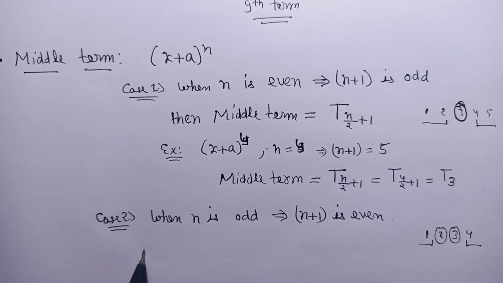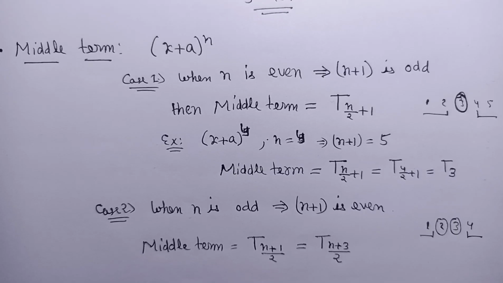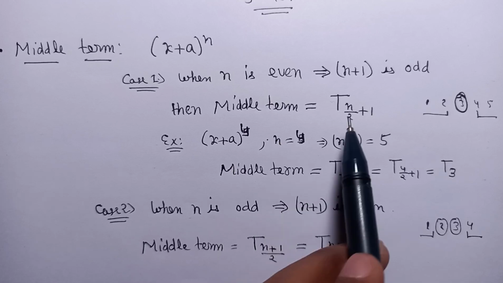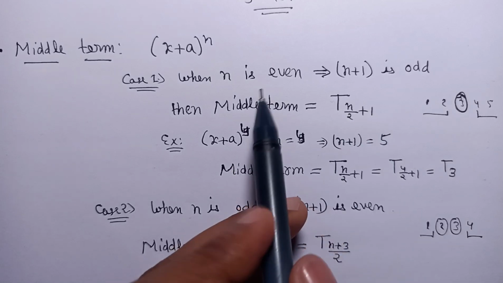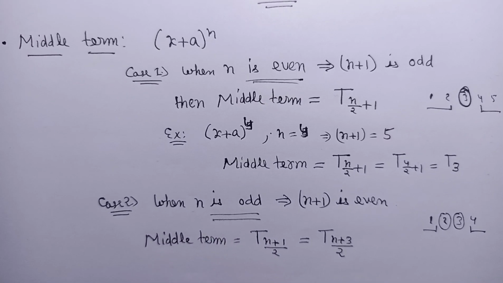The formula for this is the middle terms will be T((n+1)/2) and T((n+3)/2). So there will be 2 middle terms whenever n is odd, and there is only one middle term, that is T(n/2 + 1), when n is even. So this middle term concept is also important.